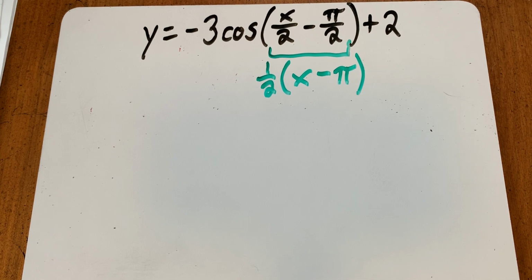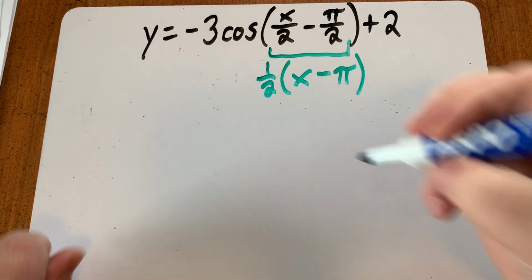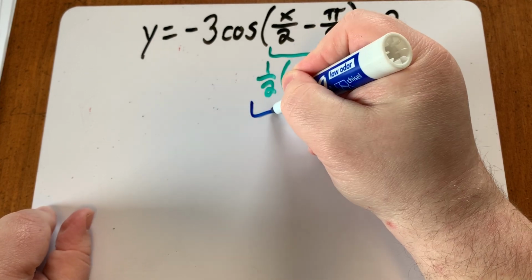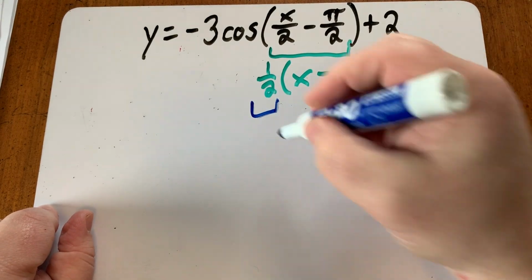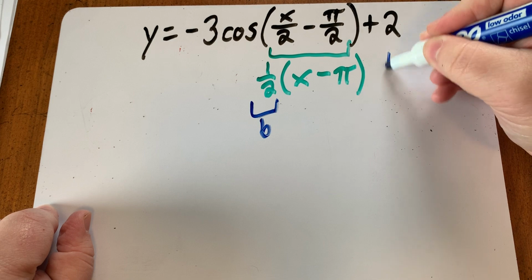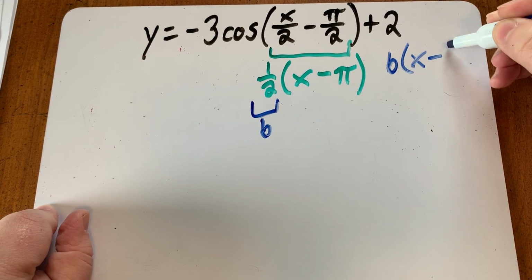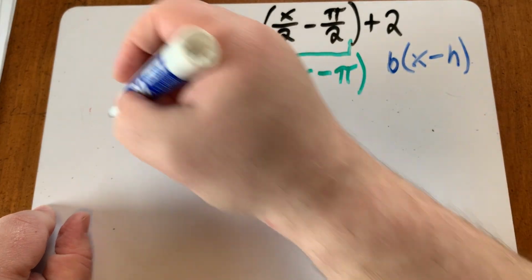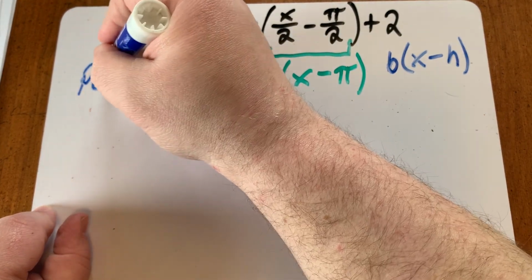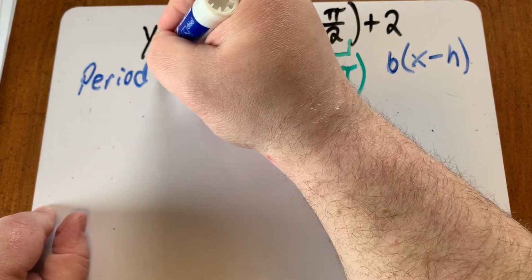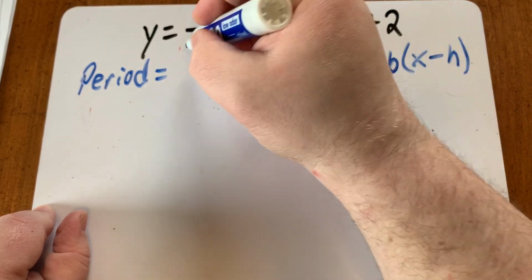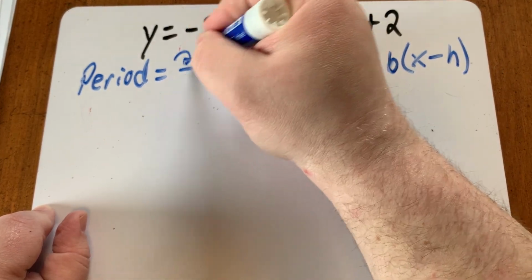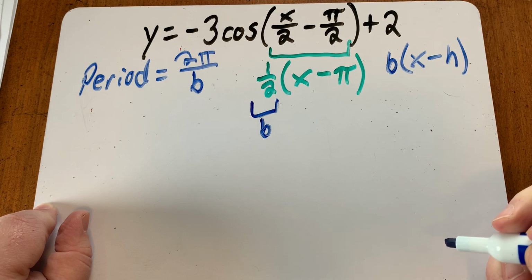So this is your b, because it's of the form b times (x minus h). That's what the inside is. So that's b, and that helps us tell our period. It's not our period, but our period is always 2 pi divided by b.